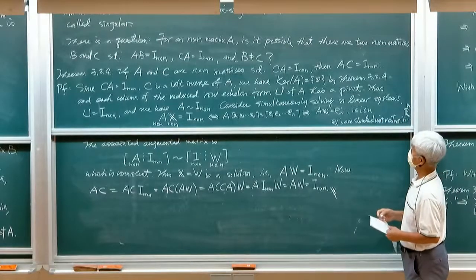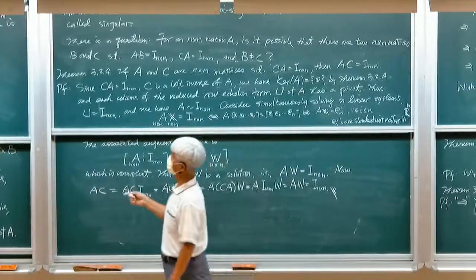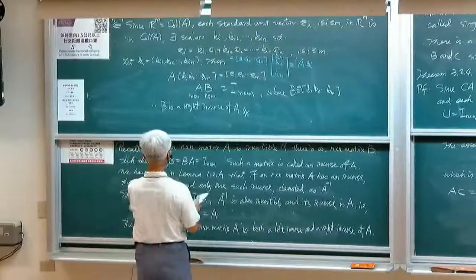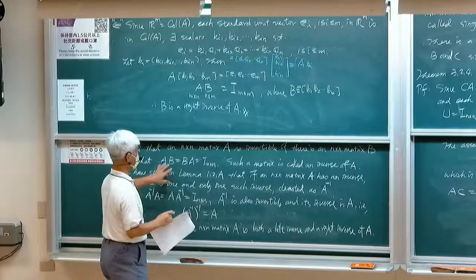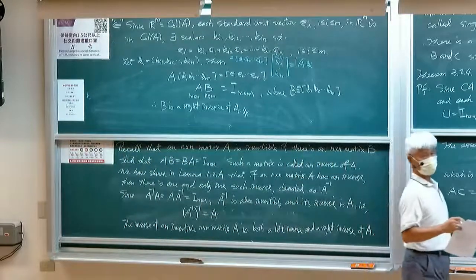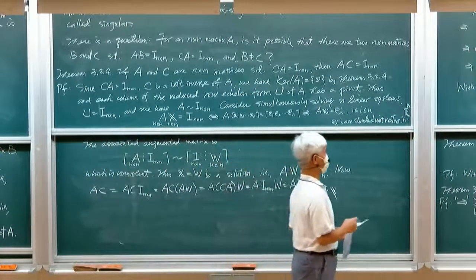And so C becomes an inverse of A by here. So C is an inverse of A, and because the inverse of A is unique, C is just the inverse of A.